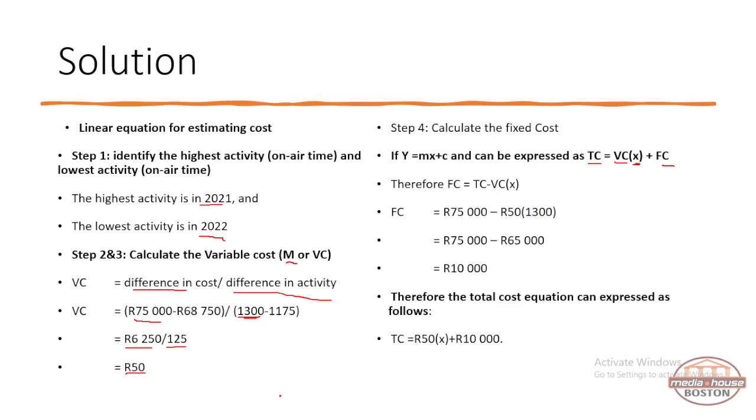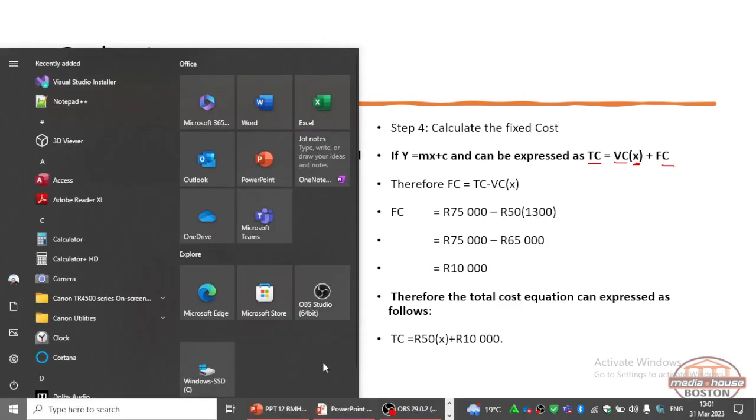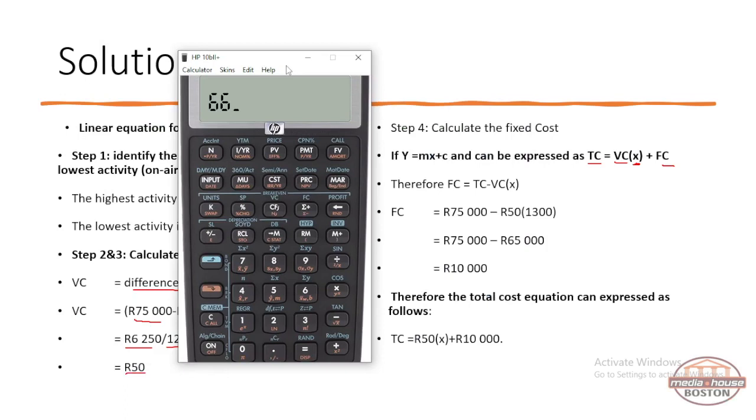So when we apply this using our calculator, we have 50 multiplied by 1,300, and that will be 65,000.